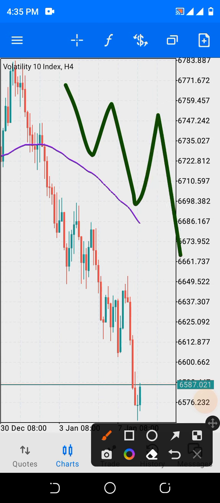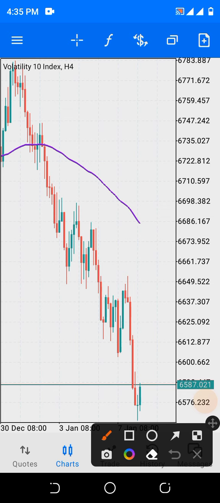Are you seeing it? So this is a typical structure of a downtrend. Whenever you observe such trend lines, such structure, it is a downtrend. Also, you can see that the candlesticks are below this moving average. Do you understand?